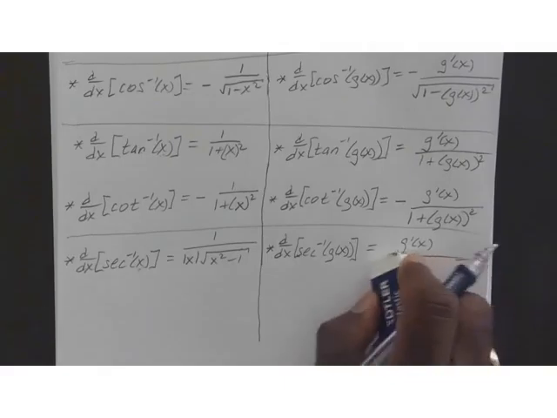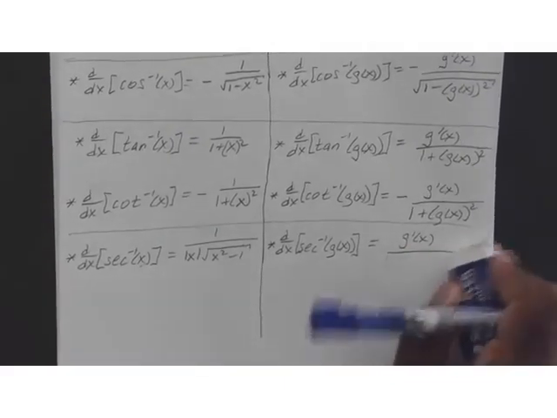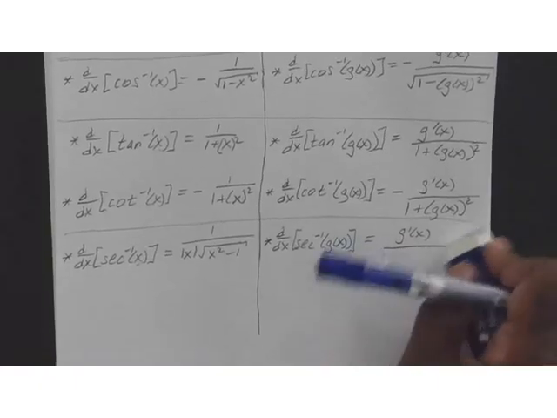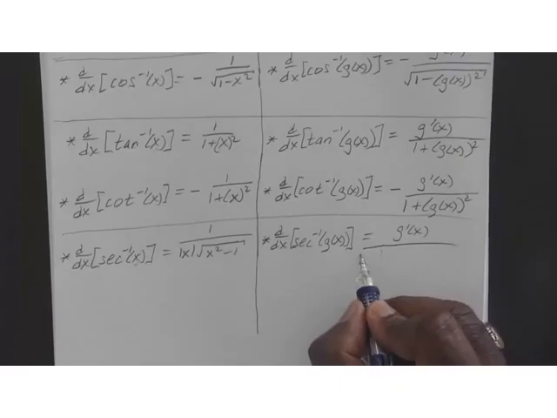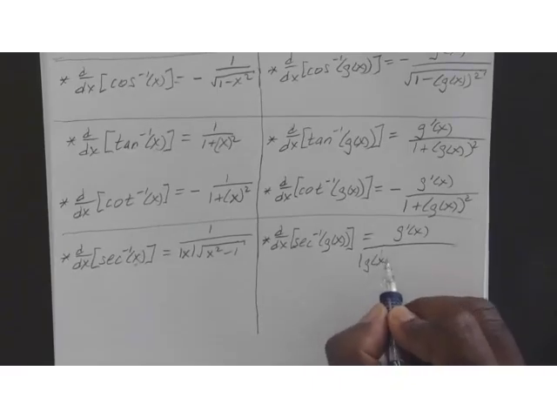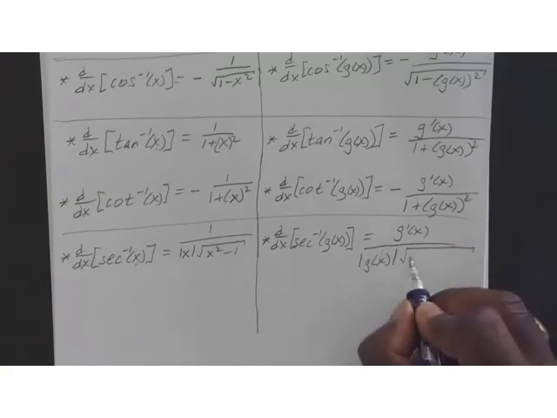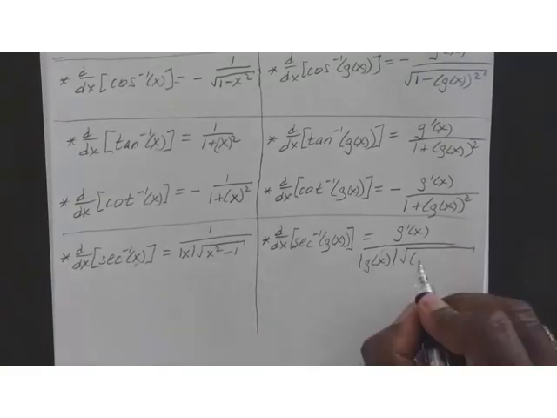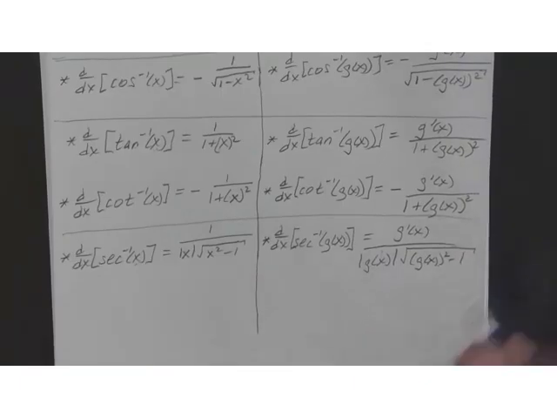Let me move this over just to make sure I have enough room. Here we go. So the absolute value of g of x times the square root of g of x squared minus 1.